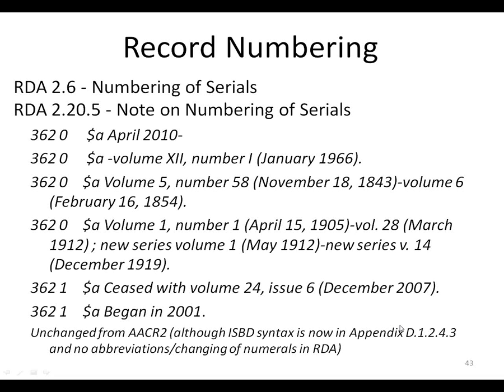So that's one change from AACR2. The thing that is the same as AACR2 is in the serial numbering area, you will record, just like with former practice with AACR2 before the Concert Standard record, first issue, last issue in hand you'll provide in a formatted note. Otherwise you'll provide an unformatted note.